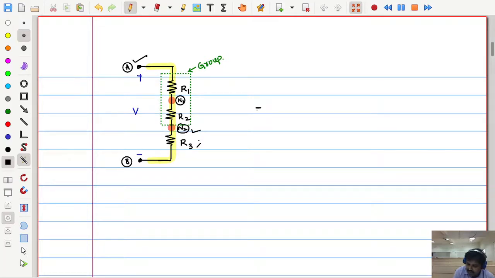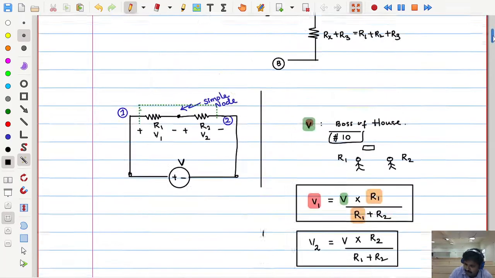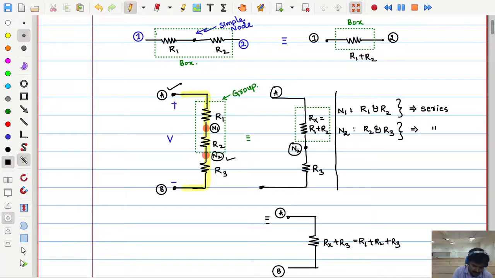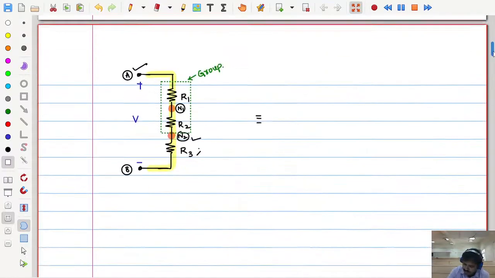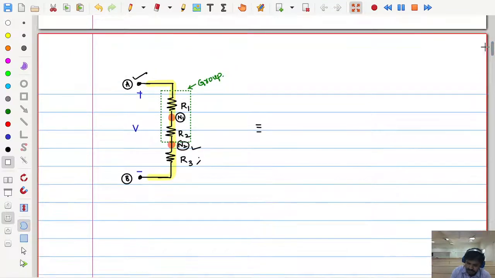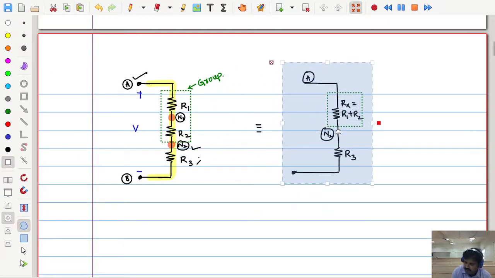First we make our own brother or sister grouping together and we say that we both are single. How much is our strength? R1 plus R2.